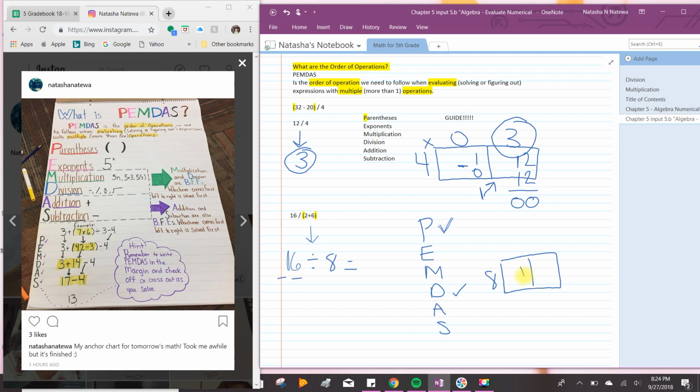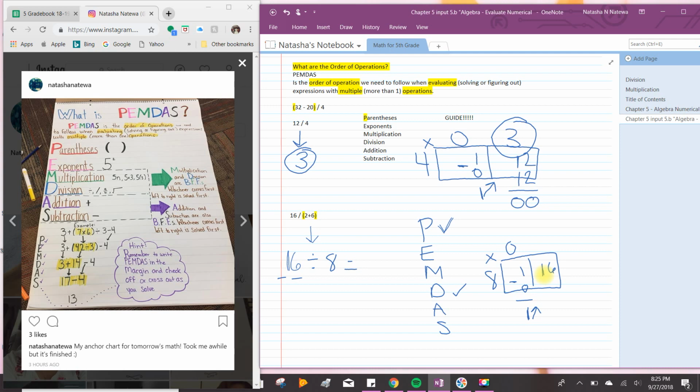Put in the 16. How many times can 8 fit into 1? 0. An 8-year-old cannot fit into a 1-year-old's clothing. So 8 times 0 is 0. What's 1 minus 0? 1. We pull the 1 up. How many times can 8 fit into 16? An 8-year-old could fit into 16-year-old clothes.